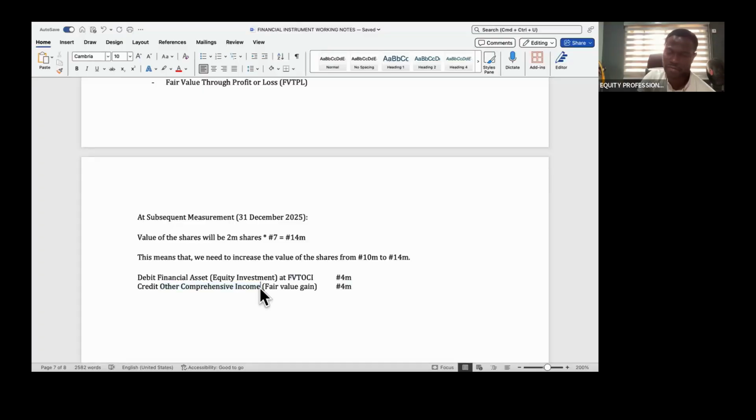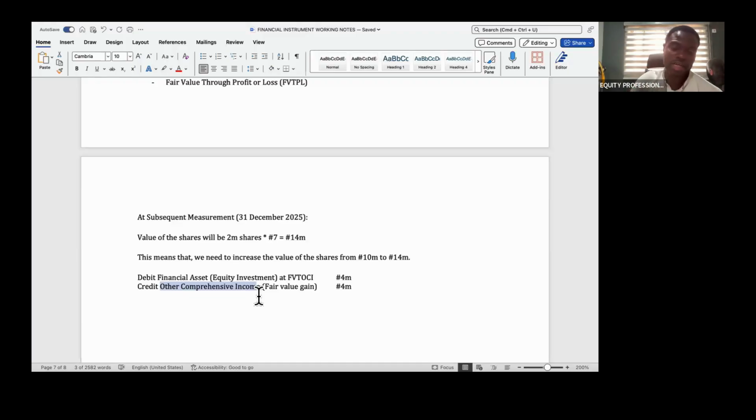And I mentioned that if, let's say, Otedola has decided to hold these shares for the short term, whereby he intends to sell it maybe next year or before the year end, we will have classified and measured this equity investment at fair value through PL.